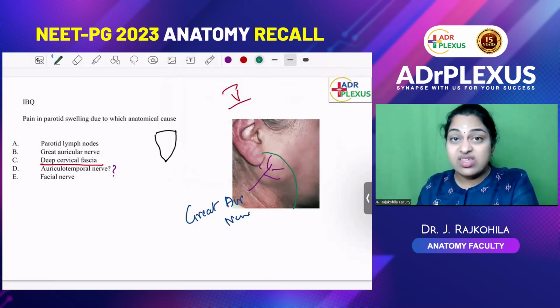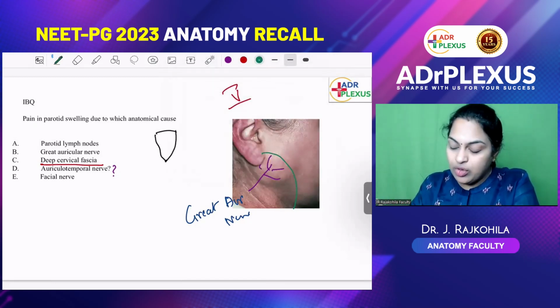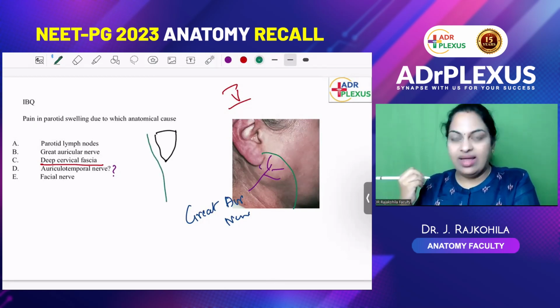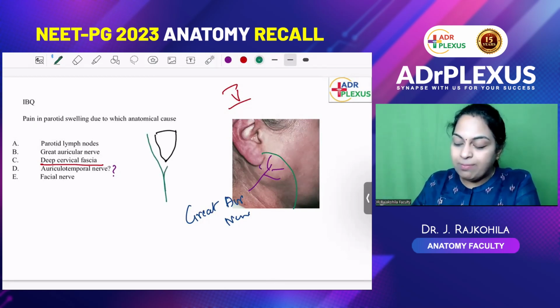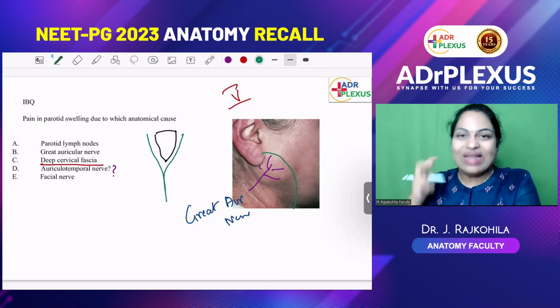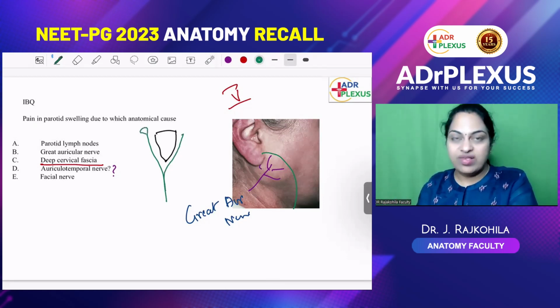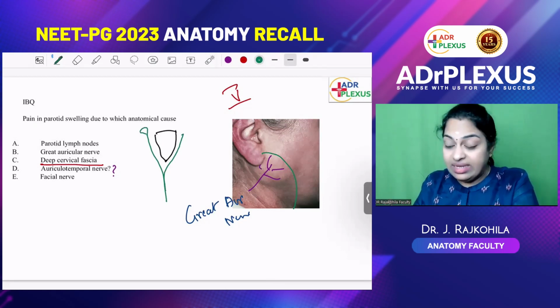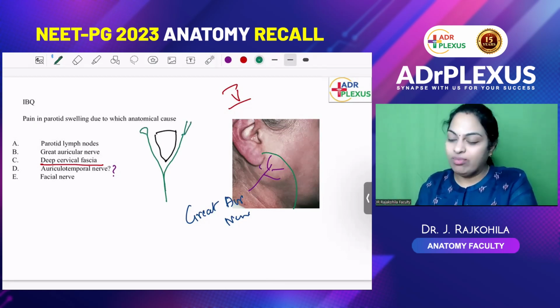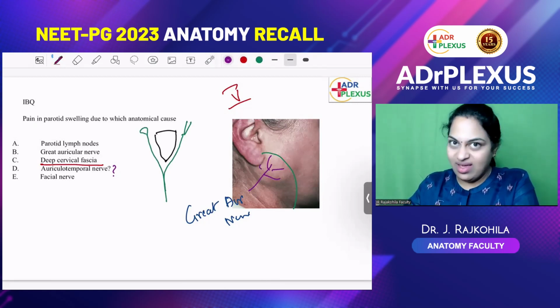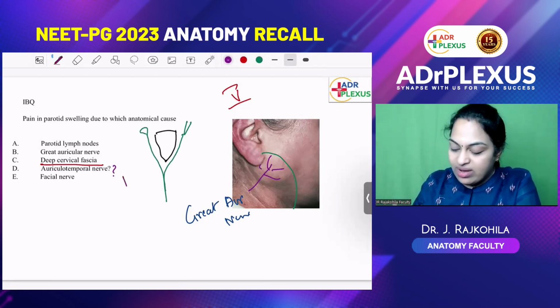Now this investing layer is going to divide into a superficial layer and a deep layer. It splits to enclose this gland. The superficial layer will be attached to the zygomatic arch, and the deep layer is going to attach to the styloid process. Now, this superficial layer is given a name called the parotidomasseteric fascia.